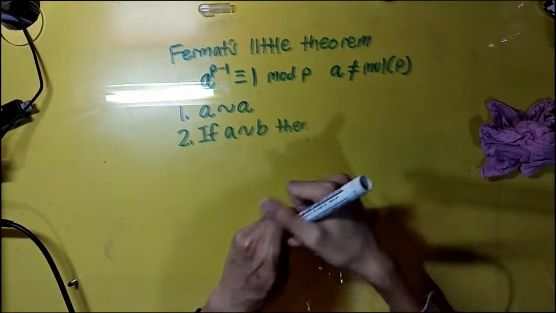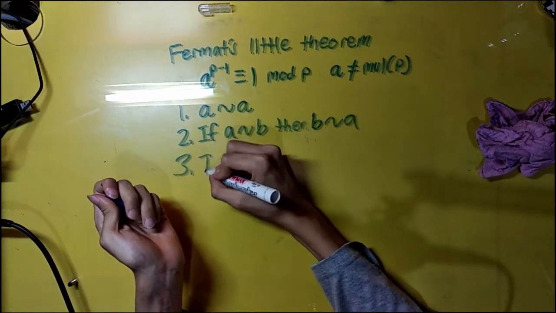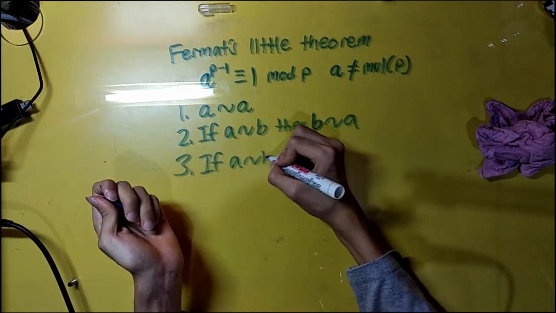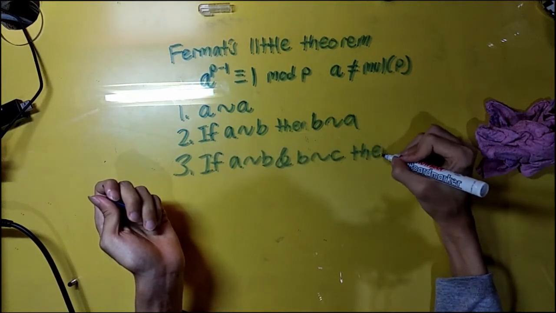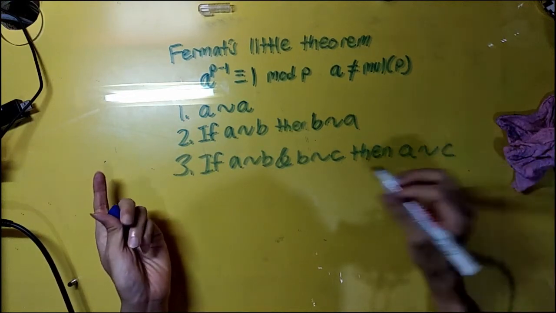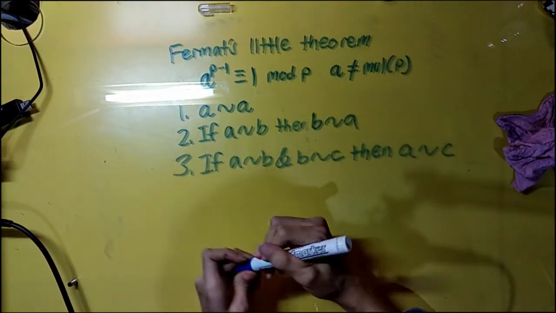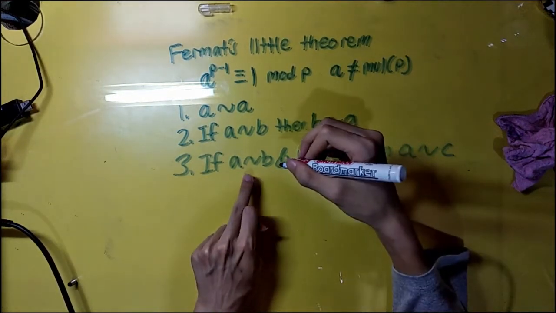Alright, last property. Third property. If A is congruent to B and B is congruent to C, then A is congruent to C. It's getting much more complicated each time, but it's still simple enough to prove. What does this mean?